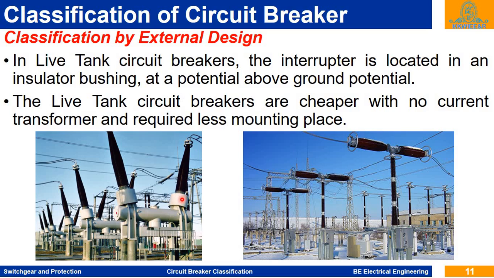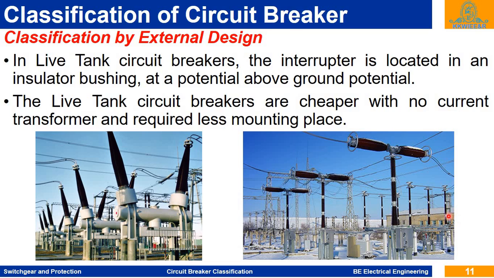At the end of the bushing, towards this metallic cylinder, the current transformers are mounted, and they are called a turret CT. The current transformers are placed here for the measurement of current or for step down of current.